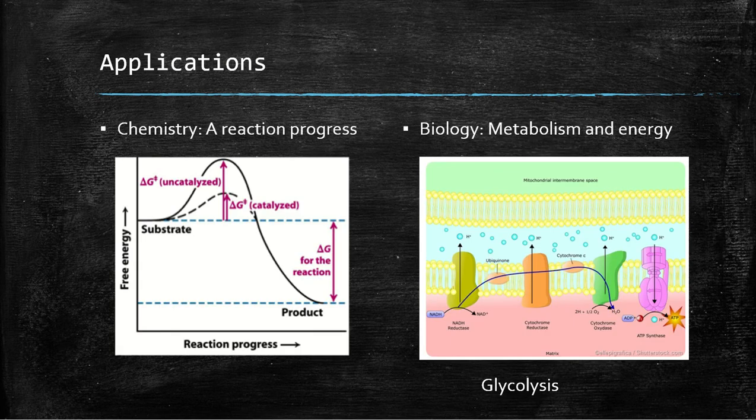Finally, I want to talk a little bit about those applications that Gibbs free energy can give, because you cannot stay just with what's given, for example, in thermodynamics, because it's quite interesting what you can get from it. For example, in chemistry, Gibbs free energy is used to measure a reaction process, and in here you can note a graphic which states the reaction process according to the free energy.